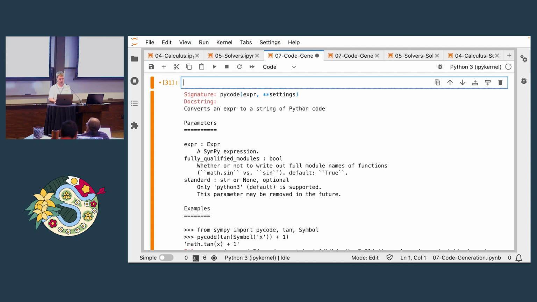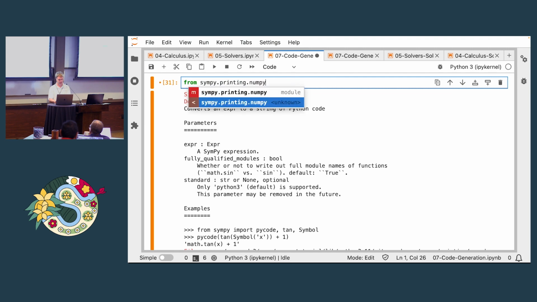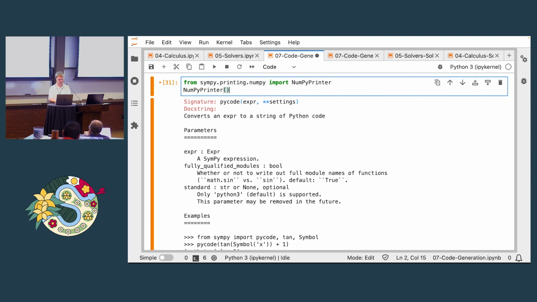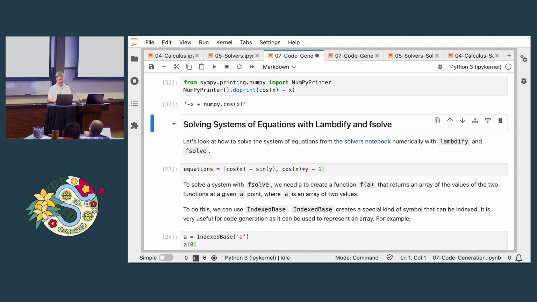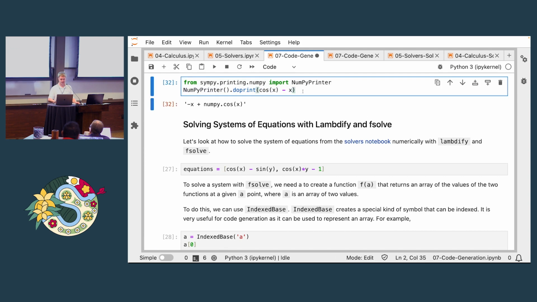Yeah. So what you would have to do is probably from here. Maybe it's from, yeah. But I think there's not a convenience function for this because usually you wouldn't need one.